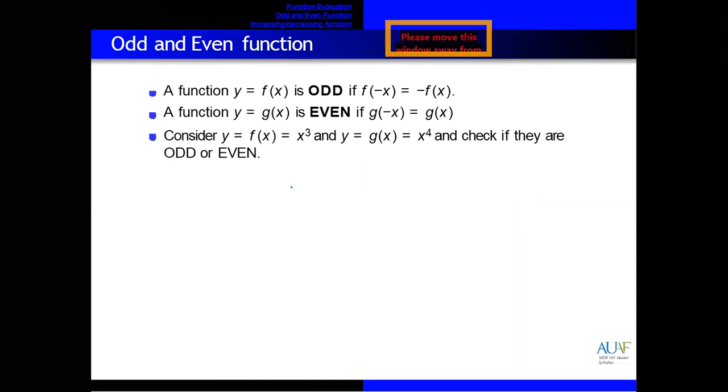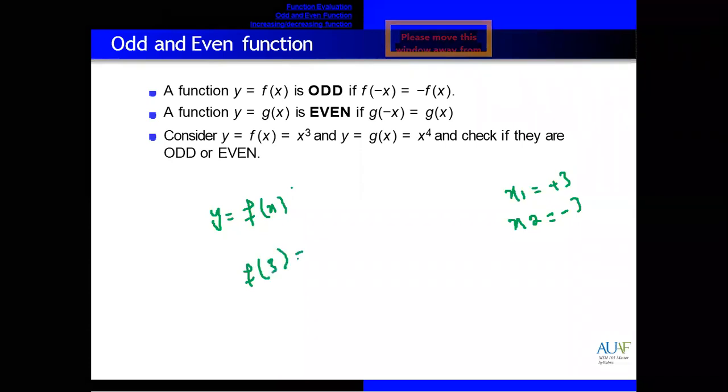Okay, an odd function is different from an even function. Same, if a function is given y is equal to f of x, and if you give two values, x1 and x2, one positive and the second one negative, like plus 3 and minus 3, and you receive the same value with opposite sign, like for f of 3 equal to 15, f of minus 3 equal to minus 15.